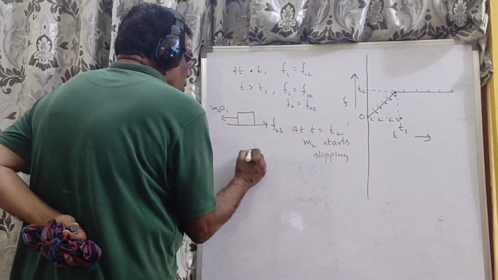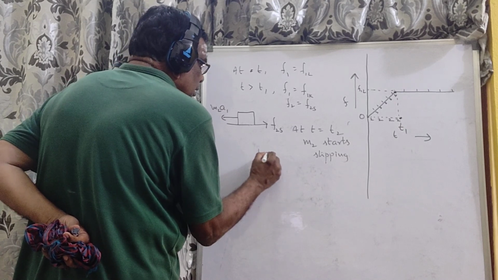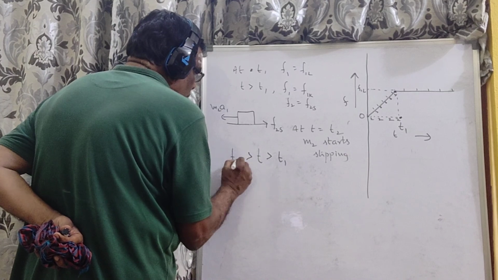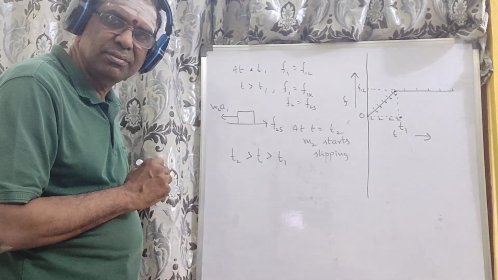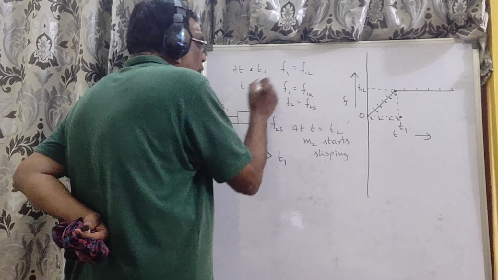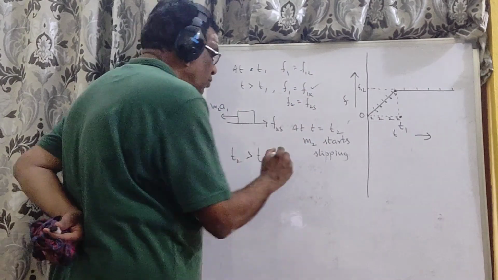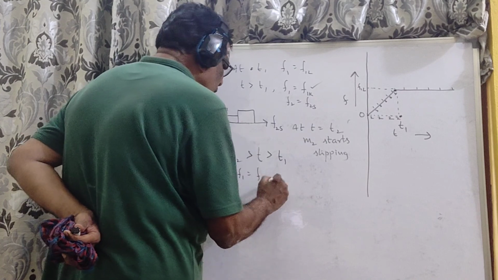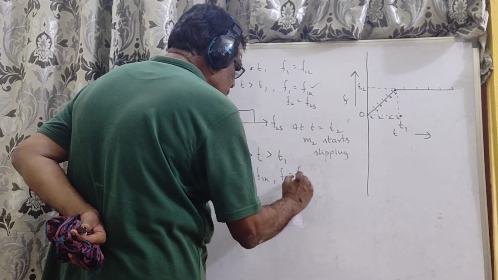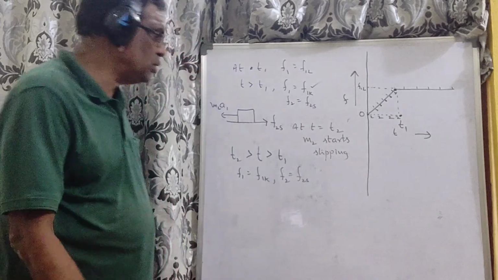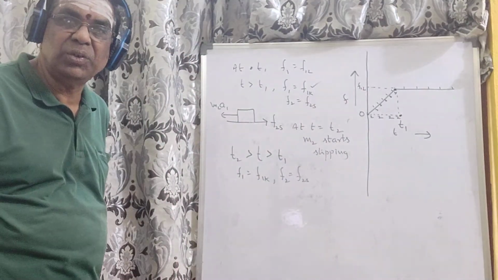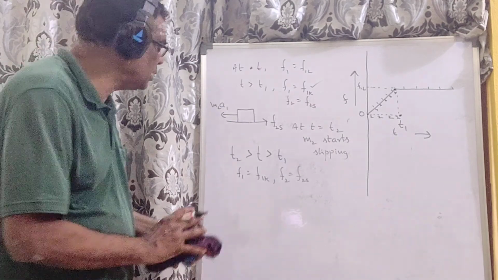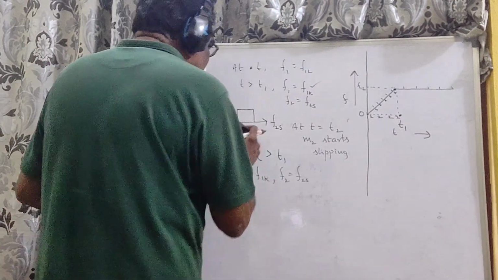So, when T is greater than T1 but less than T2, F1 will be that, which will not change hereafter. What about F2? F2 is equal to F2s, yes. Now this is important, very important. What is its value?